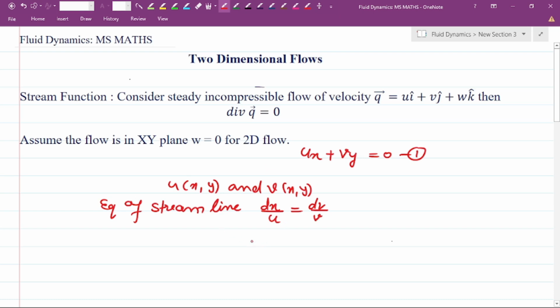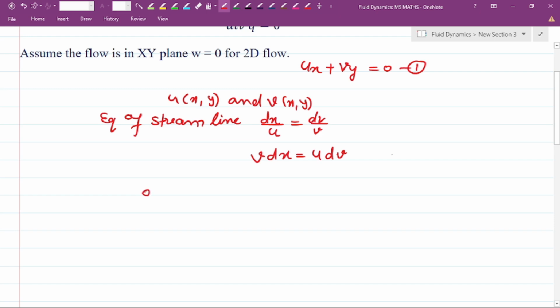So we can write v dx is equals to u dy. It means u dy minus v dx is equals to 0, or I can write it in such a way that v dx minus u dy is equals to 0.